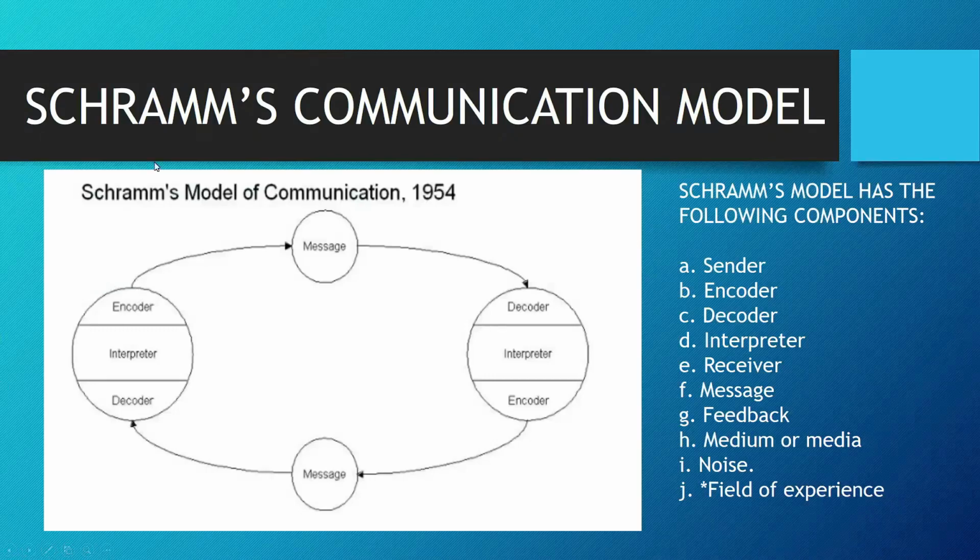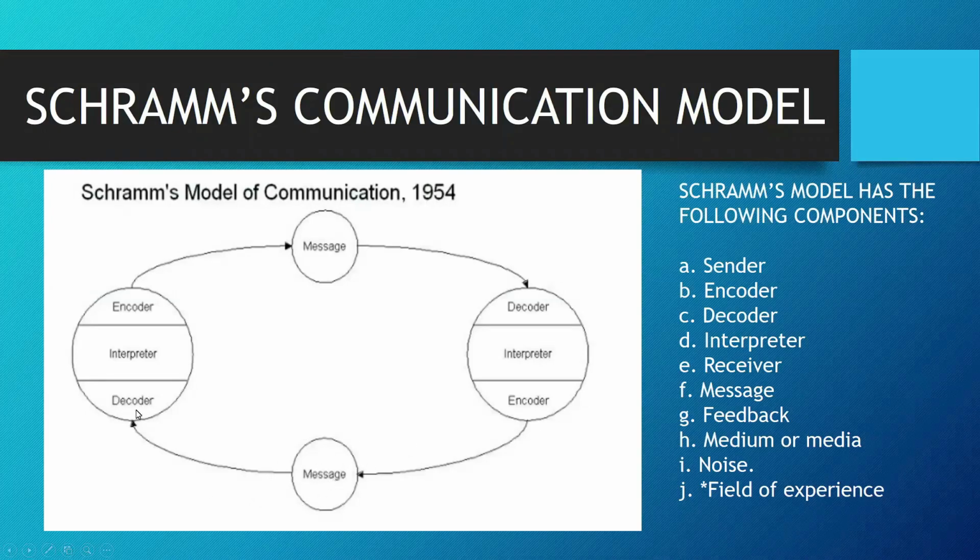The sender will encode the message that he or she will eventually deliver to the receiver. And then, of course, the receiver will decode or get the message and try to interpret it. And then, after the receiver tries to interpret, understand and analyze the message, the receiver will also have a response or feedback, which will be delivered to the sender.